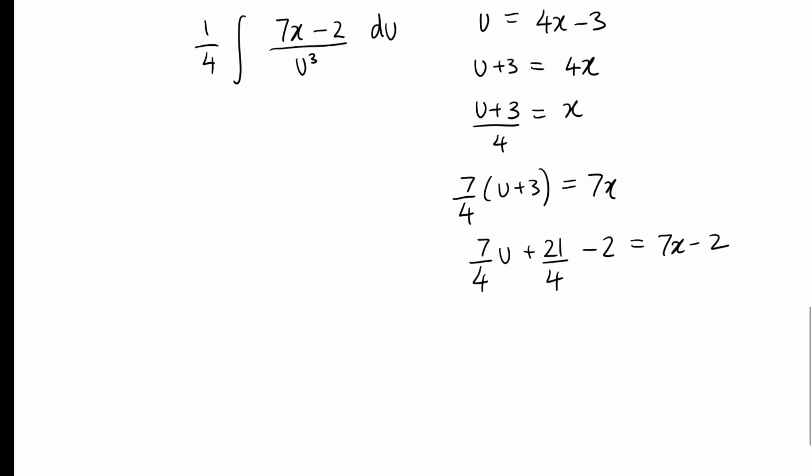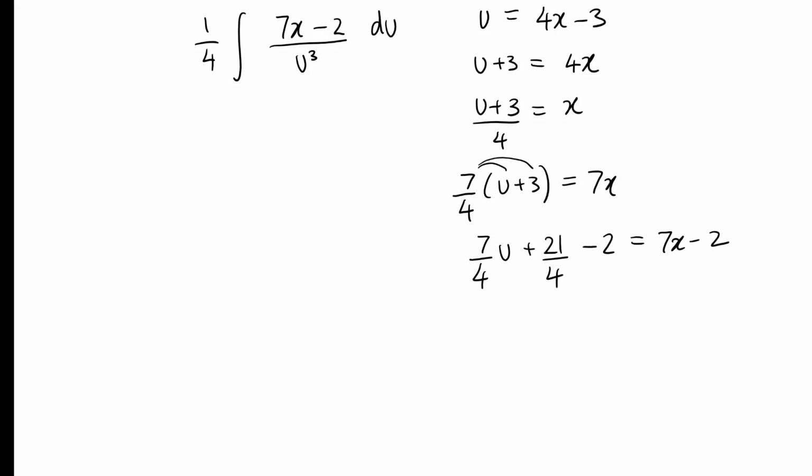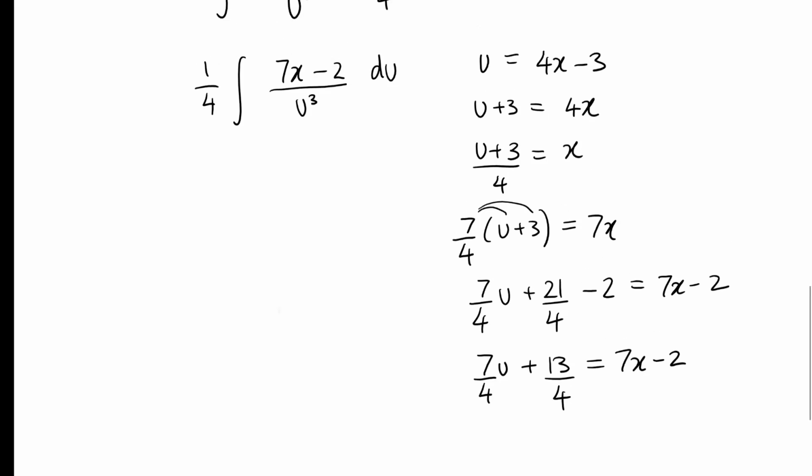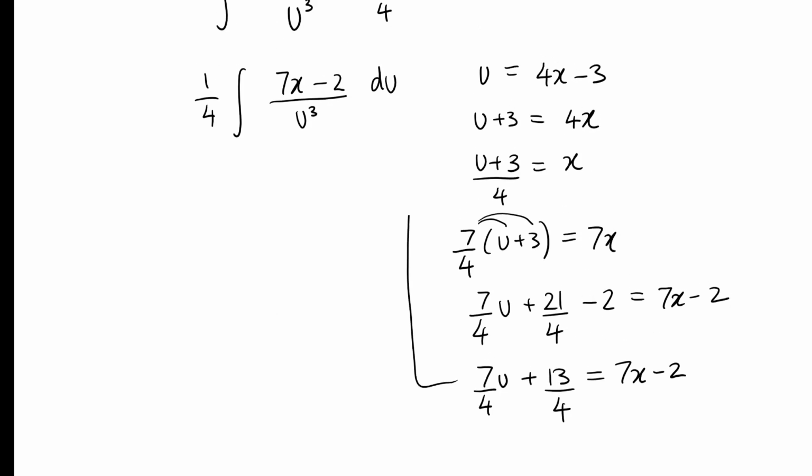The 7 over 4 has been distributed onto the parts in the brackets. And then 7 over 4 u plus, so 2 is 8 over 4, so we're subtracting 8 from 21, leaving us with 13 over 4, which is equal to 7x minus 2. So we can put that in. So 1/4 of the integral of 7 over 4 u plus 13 over 4, all over u cubed du.